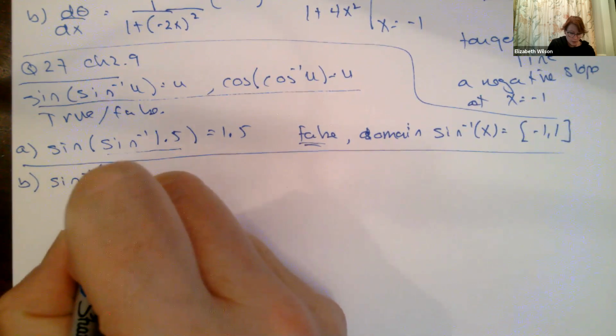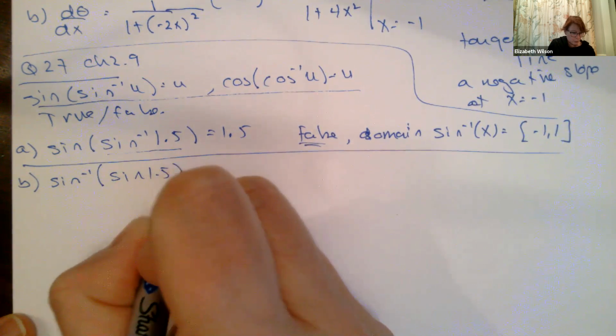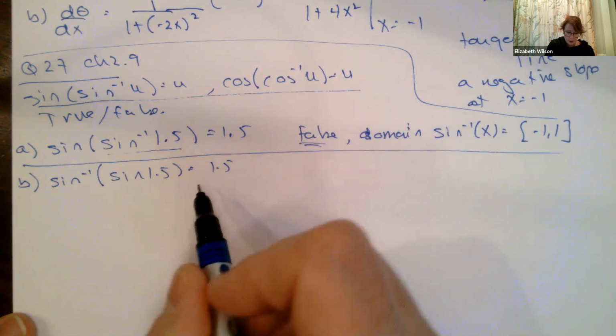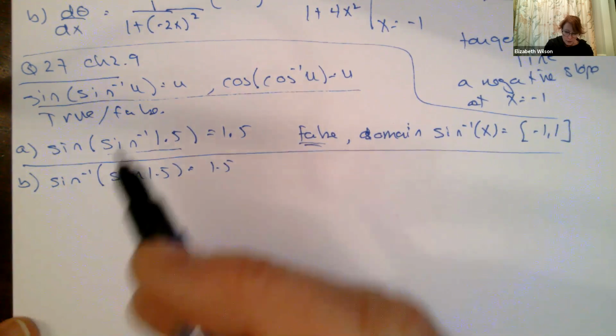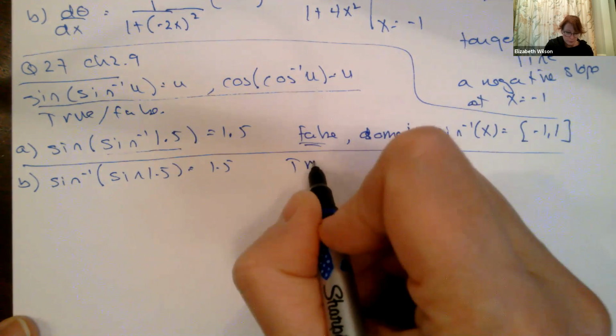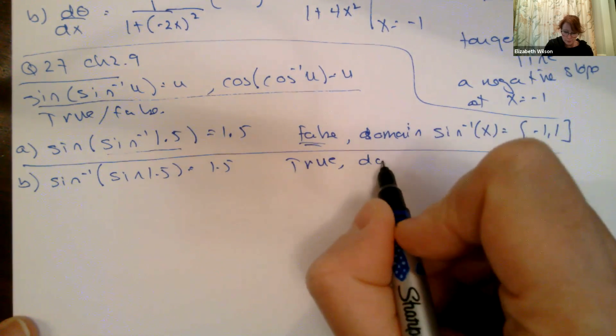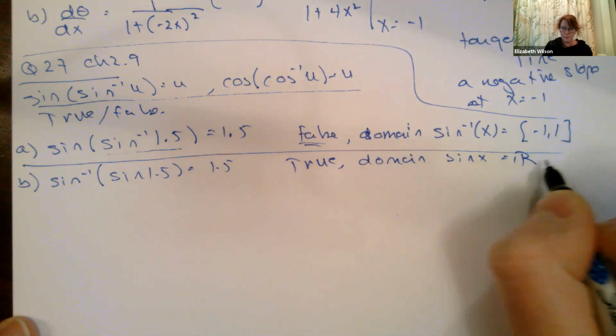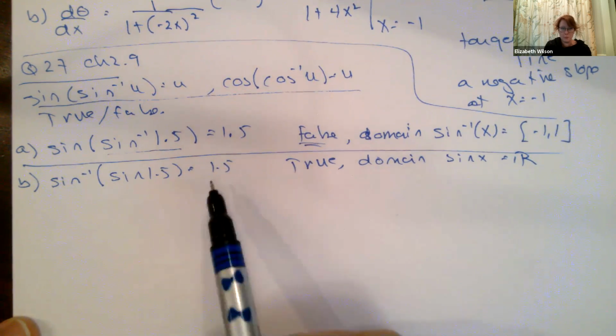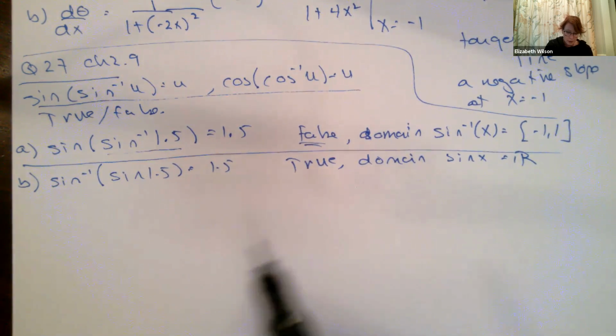Inverse sine of the sine of 1.5 equals 1.5. Okay, so now I've got sine of 1.5. Remember, this is in radians, right? So true, because the domain of the sine of x is all real numbers. So I can have any value I want as an input to my sine of x function.